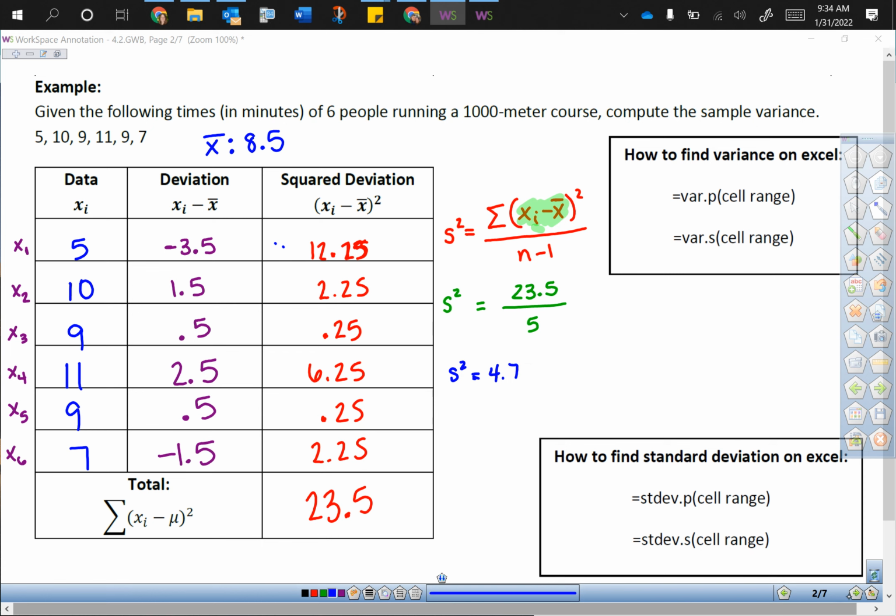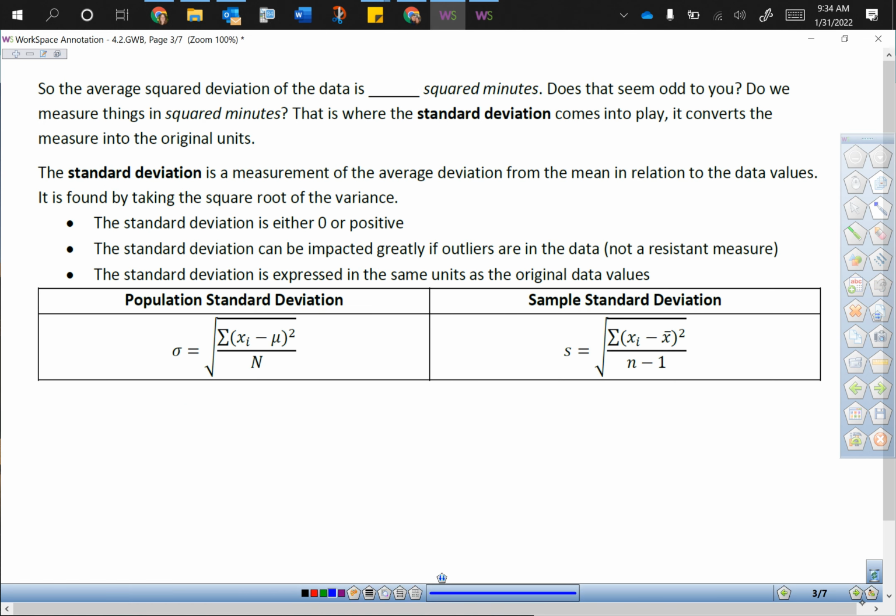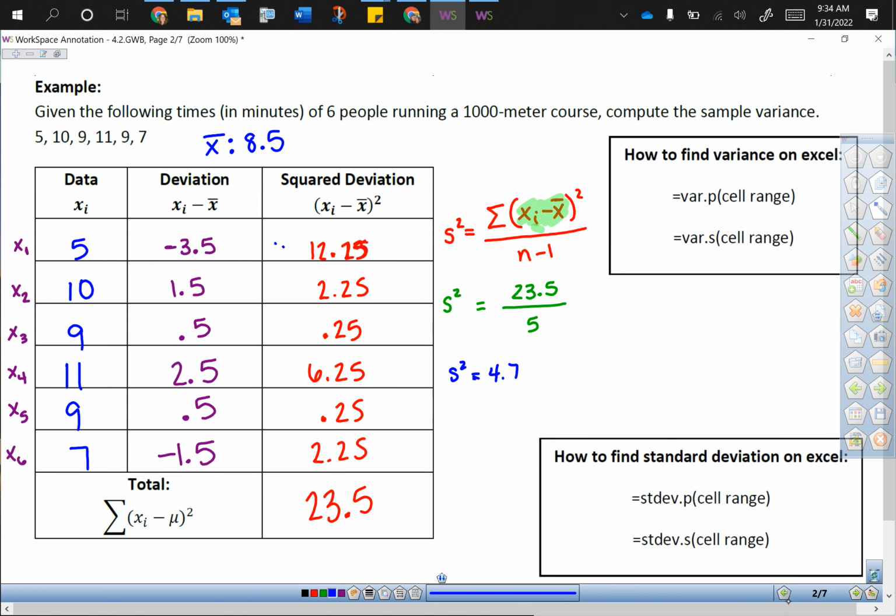So down here, it says the average squared deviation of the data is 4.7 squared minutes. That's what we just found. And that might seem a little weird because you're like, no, we found the variance. But I want to remind you, what is the variable representing the variance? S squared, okay?